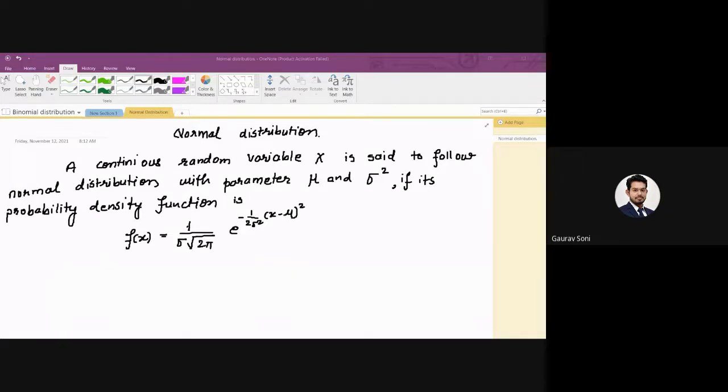There are certain important properties of the normal distribution, and they will make a lot of things easier here. Let me write them down as remarks.